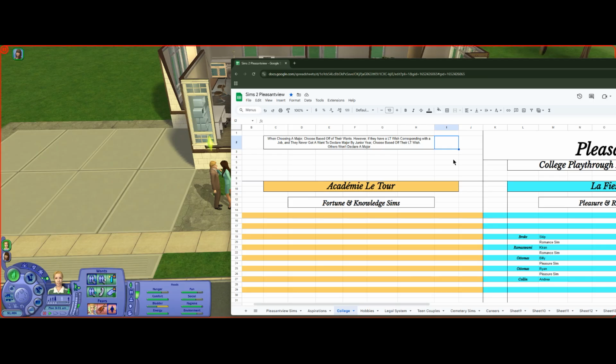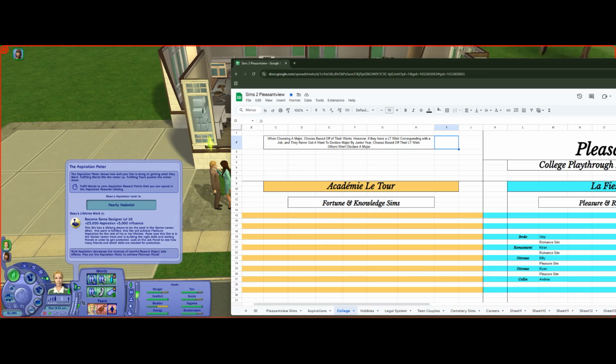If they have a lifetime wish, down here, a lifetime wish corresponding with a career, which he does. So if he was in college and he didn't choose a major by junior year, I would choose something to help him for his lifetime wish. So I would choose something corresponding with game designer or the gamer career.